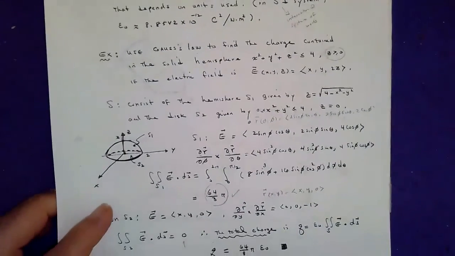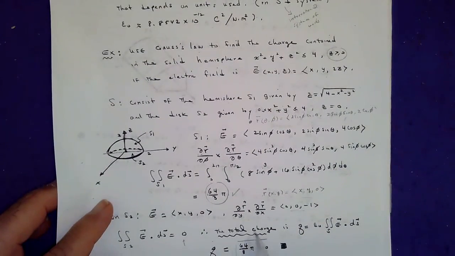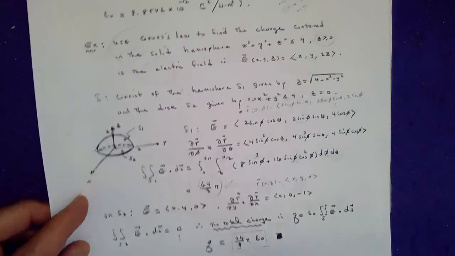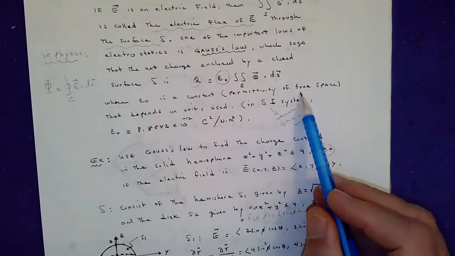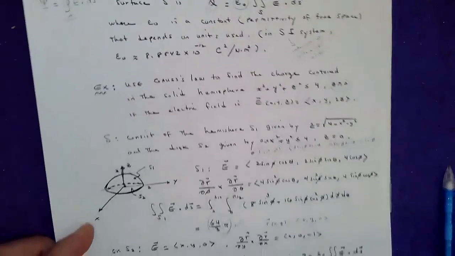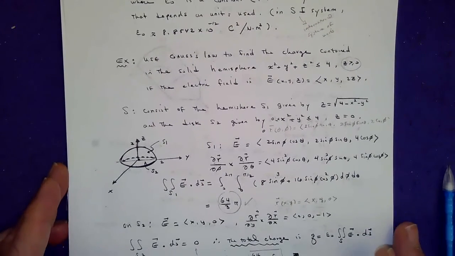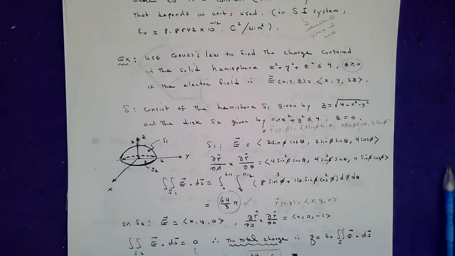So I would say the final answer is this, not that one, 64 over 3 pi epsilon 0. Epsilon 0 is the permittivity of free space. I hope this helped a little to clear up what exactly a surface integral over a vector field does, how you find it, and what its application in real life is. Thank you.